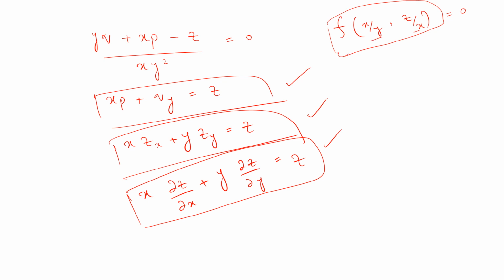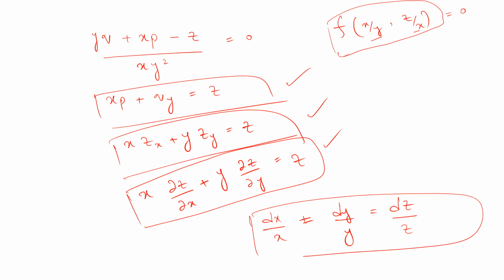These are the integral curves of this partial differential equation, and we can verify it by solving dx over x equals dy over y equals dz over z. We can verify this by transforming it into a system of differential equations and then solving it. We will again get to the conclusion, and we will see that we find these two curves.